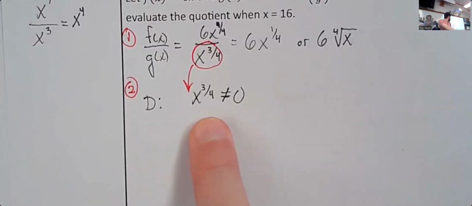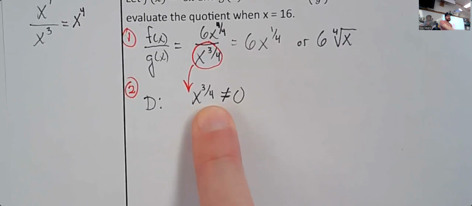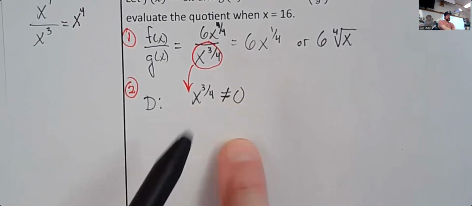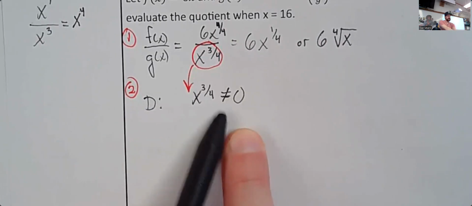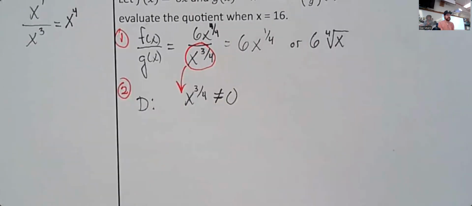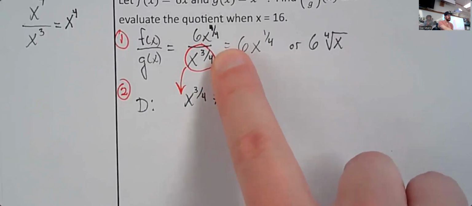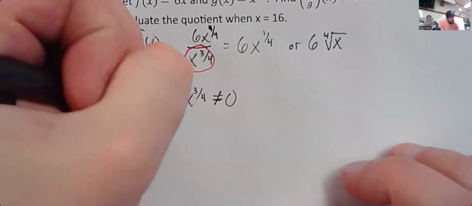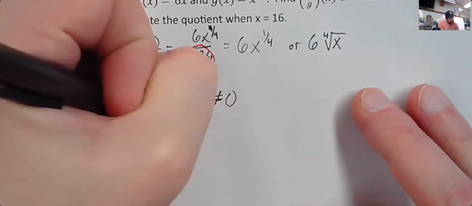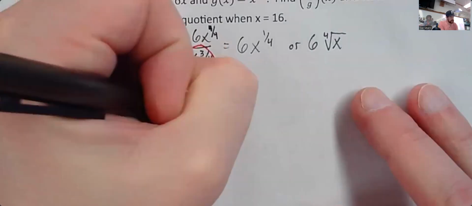So basically what we're trying to figure out here is what value of x makes x to the 3/4 equal 0. It would be 0, right? It would just be 0. Like this would equal 0 to make the denominator equal to 0. So we're just dealing with the denominator right now. So what value of x? So basically we're looking at, okay, the 4th root of x cubed equals 0.